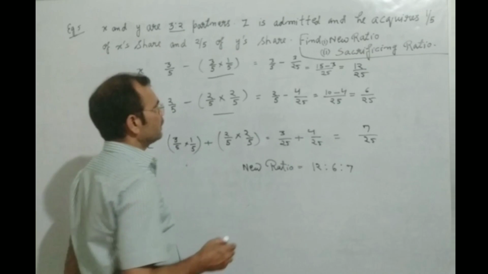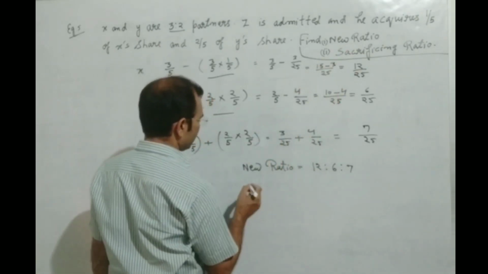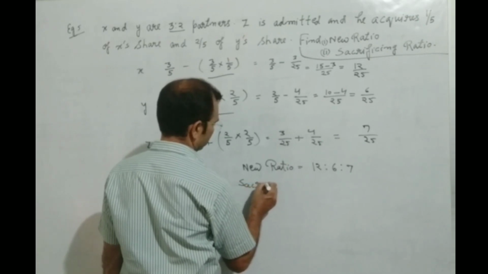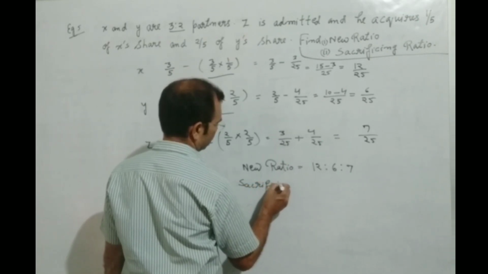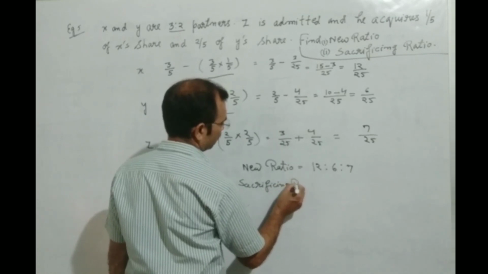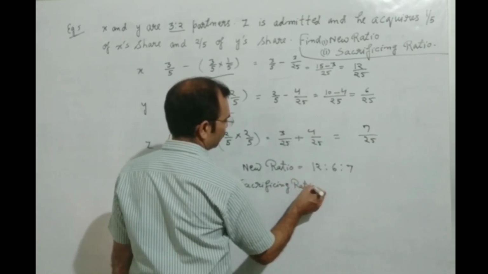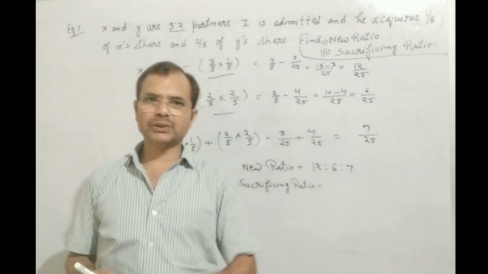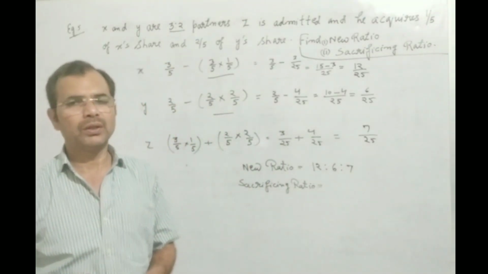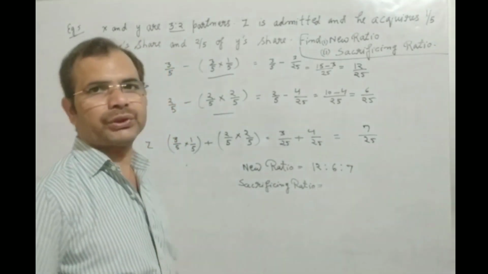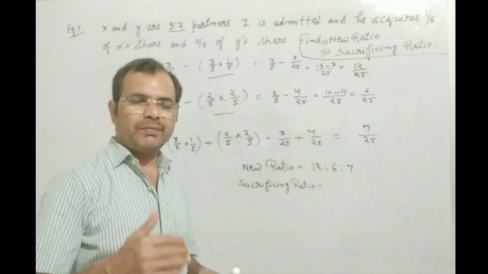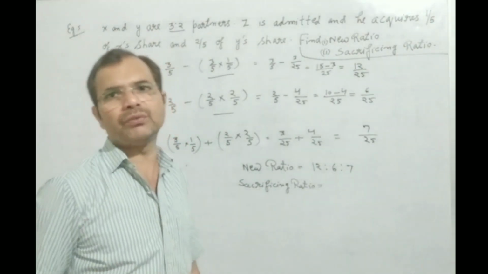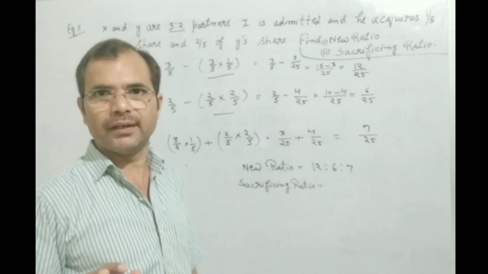Now the question is saying find out the sacrificing ratio. As you know, the formula of sacrificing ratio is old ratio minus new ratio. But in this question, we can find the sacrificing ratio without using the formula because there is no need.